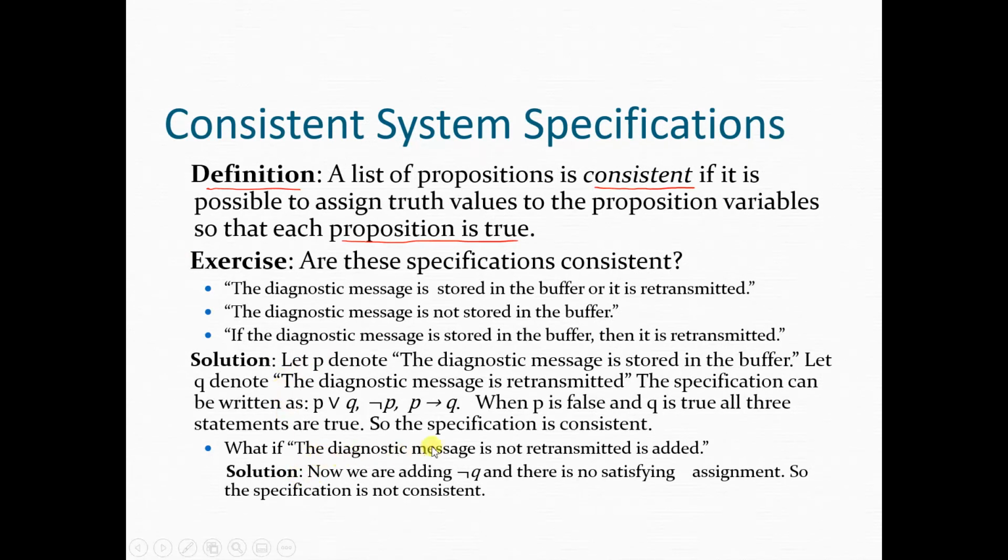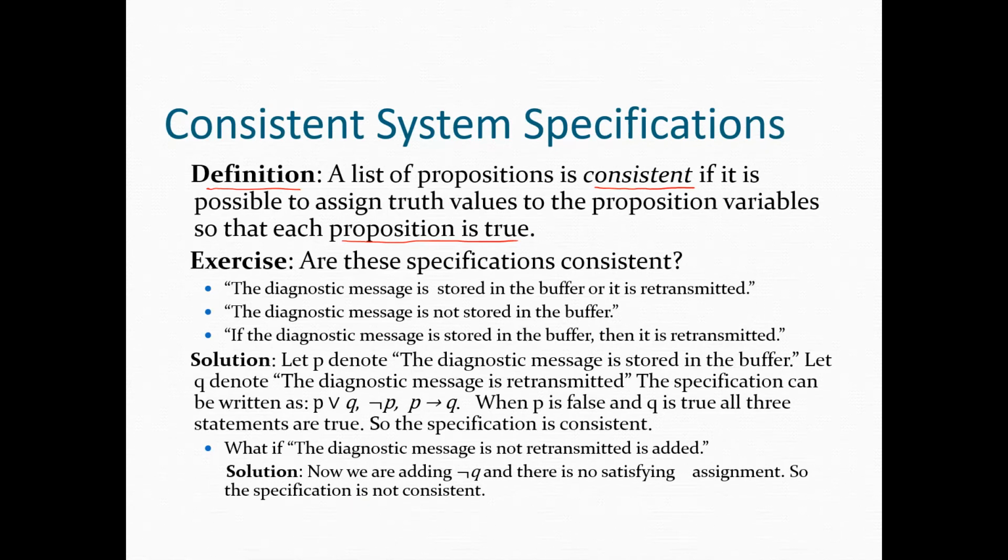The diagnostic message is not transmitted means negation of Q. So we are going to add negation of Q as well. So now we are adding negation Q, and there is no satisfying assignment, so the specification is not consistent.